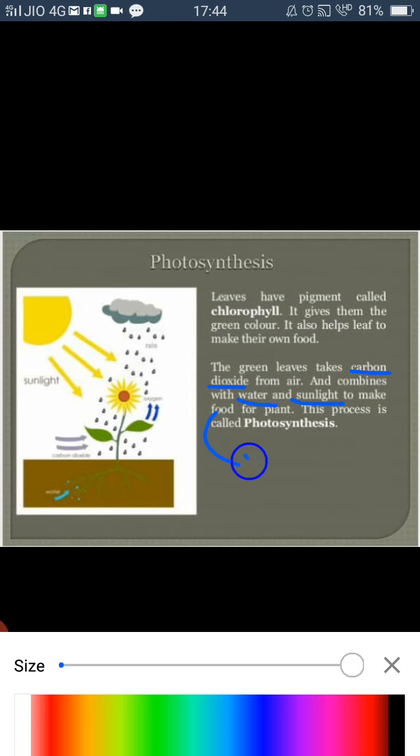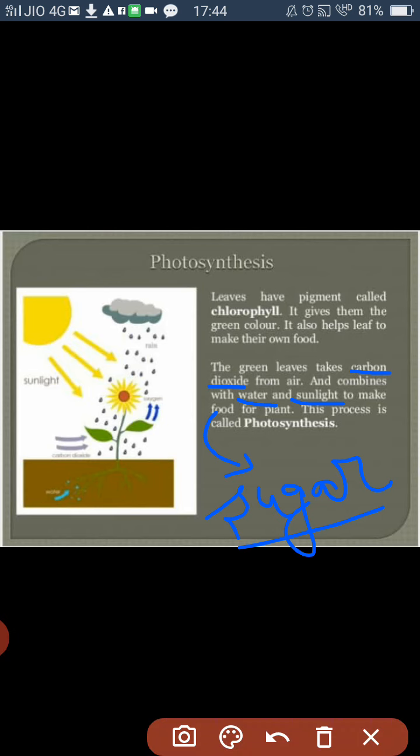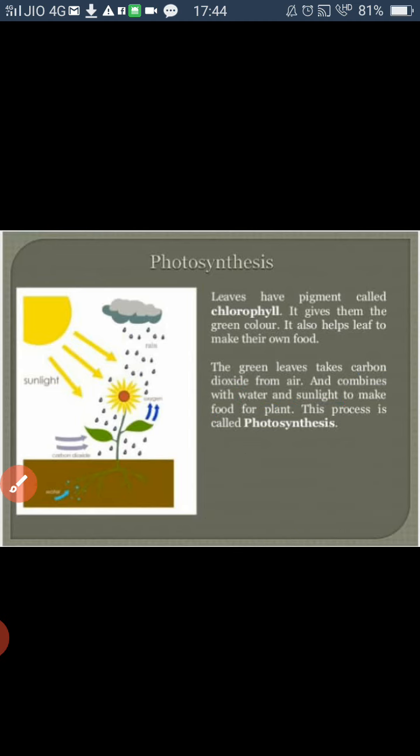What is food? Food is the sugar. It is called the sugar of the plant, the food which is prepared by the plant, and this whole process is called photosynthesis. Now you must know what photosynthesis is and what the main conditions are which are necessary for the process to occur inside the leaf.